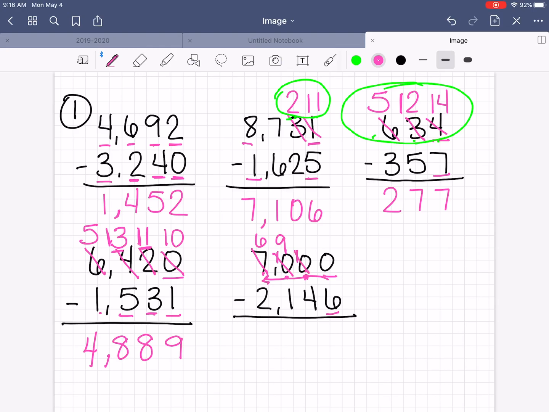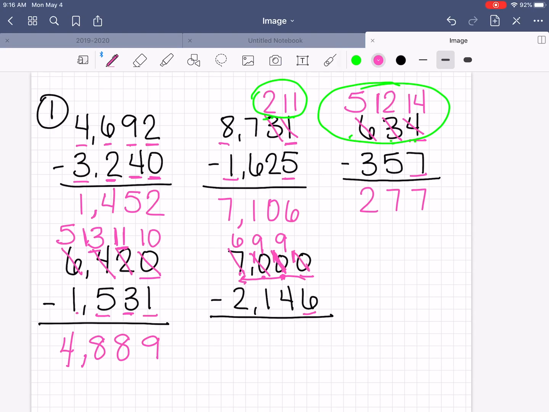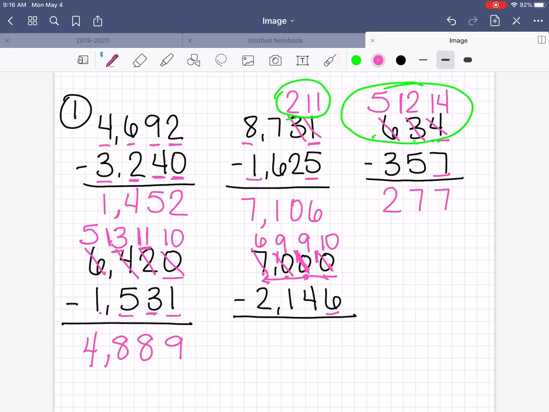Let's cross this one out so we can see it bigger, okay? This is how we subtract across zeros. So now I can do 10 minus 6 is 4, 9 minus 4 is 5, 9 minus 1 is 8, comma, 6 minus 2 is 4.